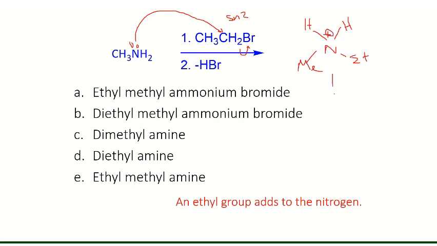You can add a bit of base in step 2 to remove that hydrogen bromide. Remember that the bromide itself is the counter ion to the ammonium salt, and that would then give you this species here, which is ethyl methylamine.